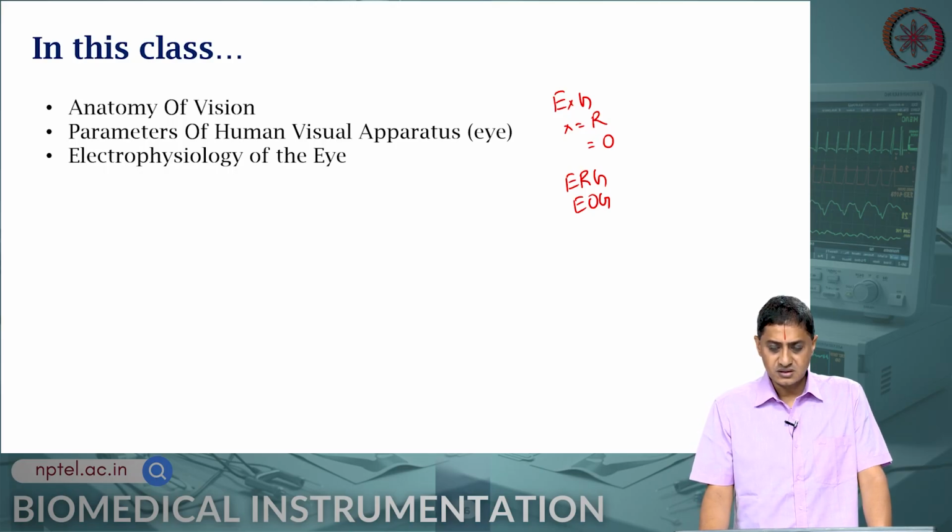So, with regard to that, we will build a foundation of the anatomy and physiology of vision, or the electrophysiology of the eye. In this video, we will look at the anatomy of vision, parameters of the visual apparatus in the eye, and the electrophysiology of the eye itself.